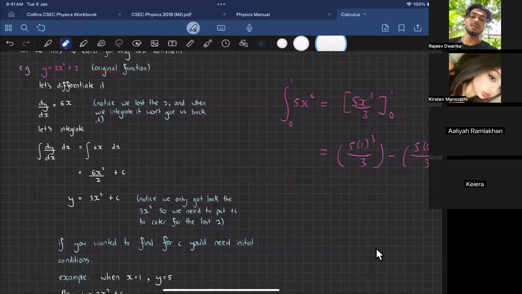Okay, what do you lose when you differentiate? Constants, you lose constants. So you put plus c to cater for any lost constants. So when you integrate, it will only give you the terms that had x in it. It would not give you any constants that you lost. So to find the constants, what do you have to do?